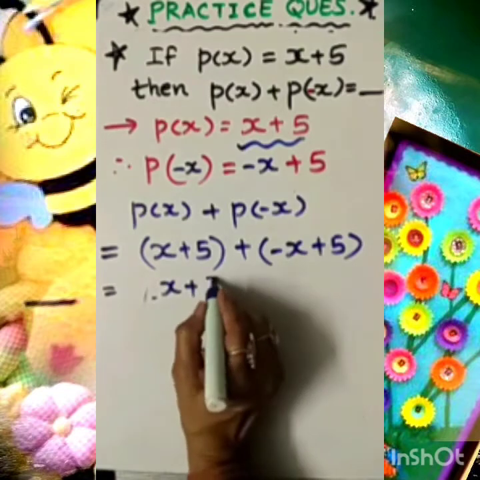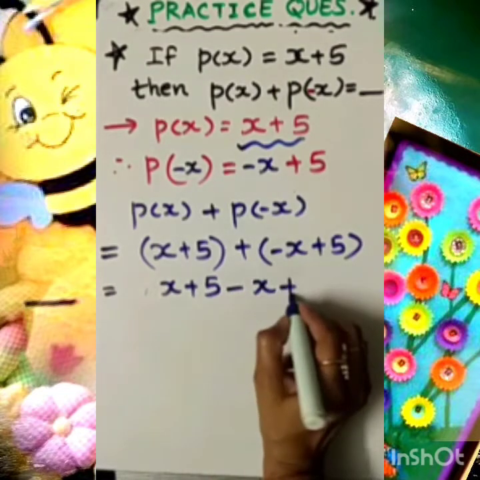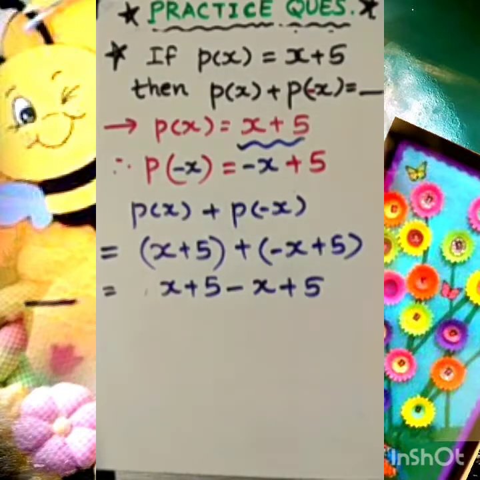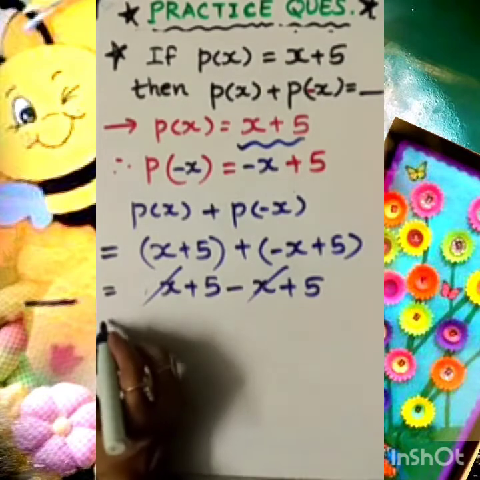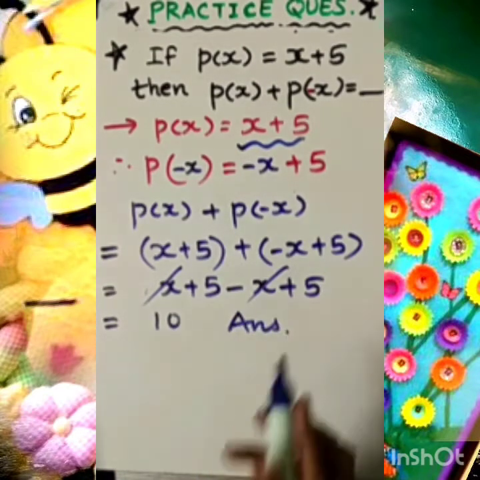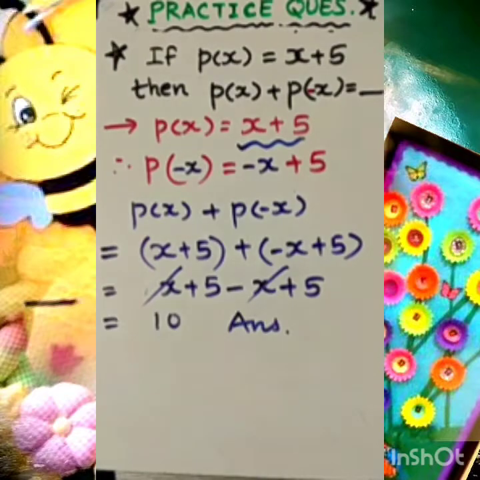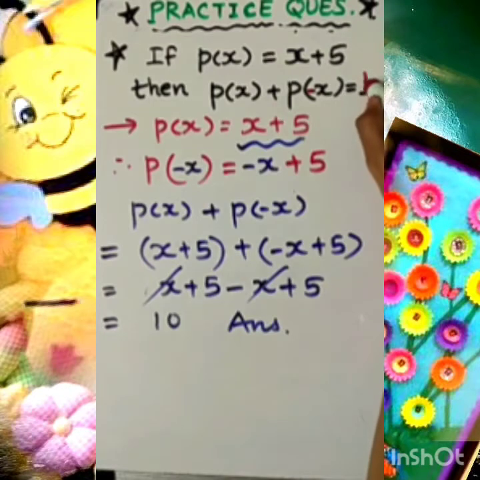Now opening the bracket, x plus 5 plus minus x plus 5. So how to simplify? x minus x will be cancelled. As you know, 5 plus 5 is 10. So the answer for this question is 10. We need to write the solution that we are asked for, that is equal to 10.